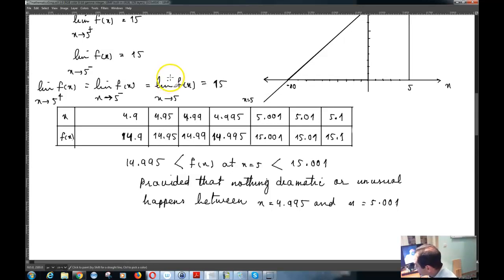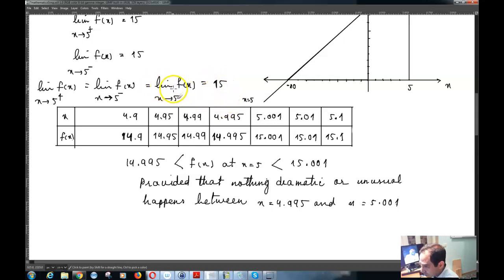Therefore you can say that the limit of f of x when x tends to 5 from the right is equal to the limit of f of x when x tends to 5 from the left is equal to the limit of f of x when x tends to 5 is equal to 15.